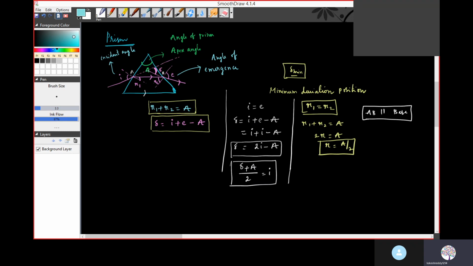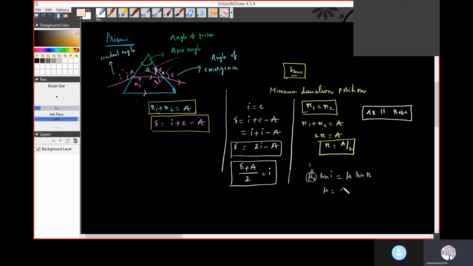Snell's law is mu of air into sin I is equal to mu of this medium M into sin R. But here mu of air is 1, because it is air.